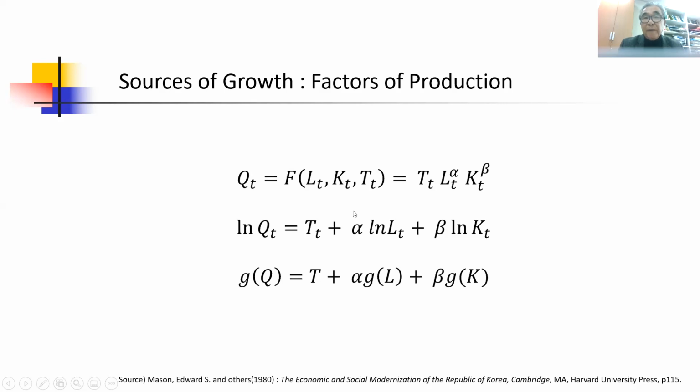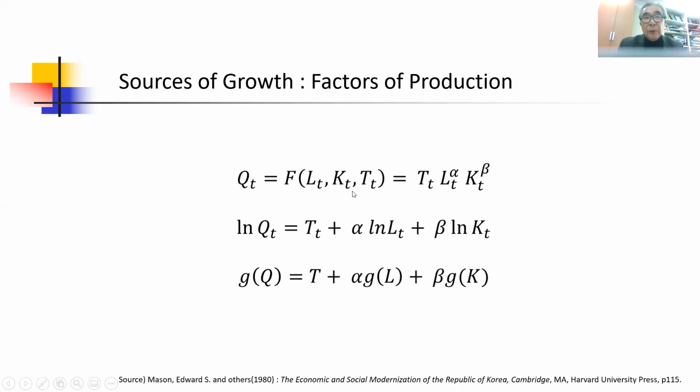It is not one farm, it is not one factory's story, it is thousands of farms aggregated with thousands of firms, thousands of shops, merchant stores, all together. So this we call the aggregate production function.